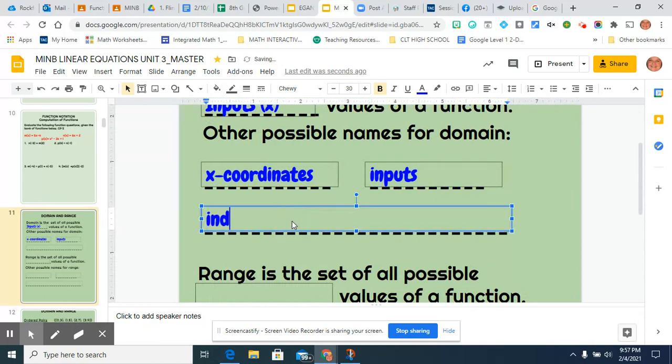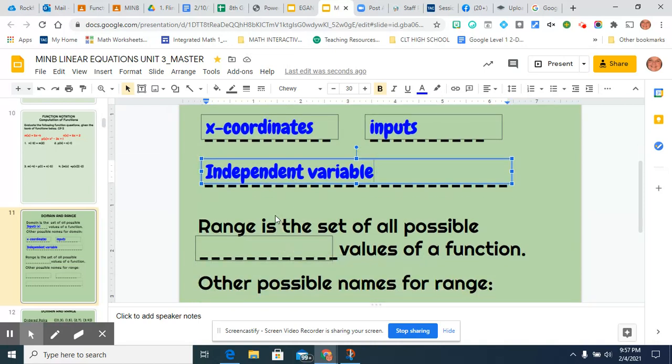And lastly, independent variable. When you're independent, that means that you can act of your own volition, like you're not dependent on something else. The something else is dependent on you. So the opposite of that is the range. So if domain is the set of all inputs, range is the set of all outputs.